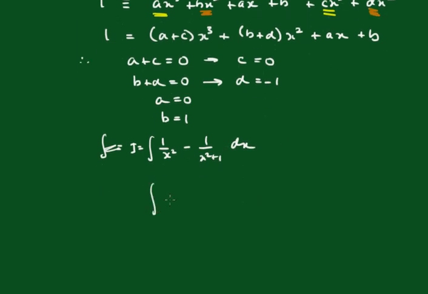So that becomes x to the -2 minus 1 over x squared plus 1 dx. And of course that simply equals minus 1 over x when you integrate it, minus tan inverse of x plus a constant.